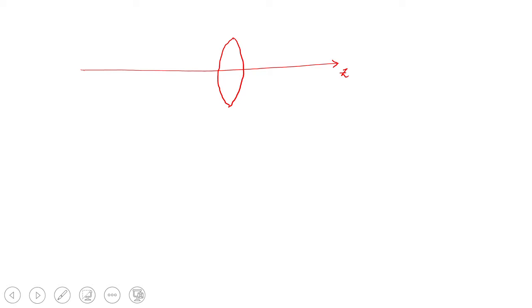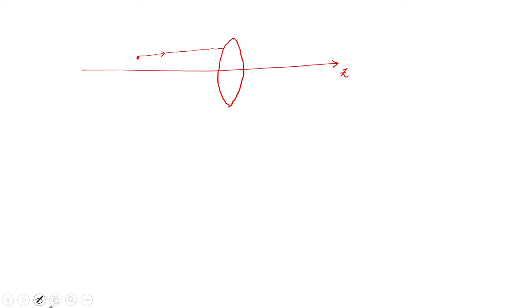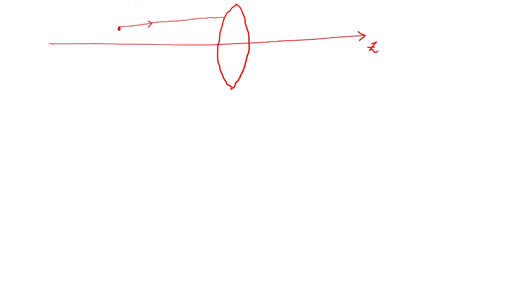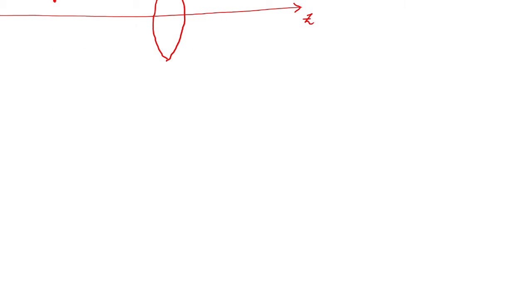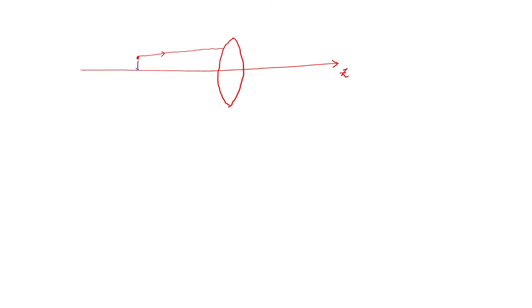Now let's consider a ray of light going towards the lens, starting from this point at a height of, say, x1, and let's say at this point you are at a height of x2.